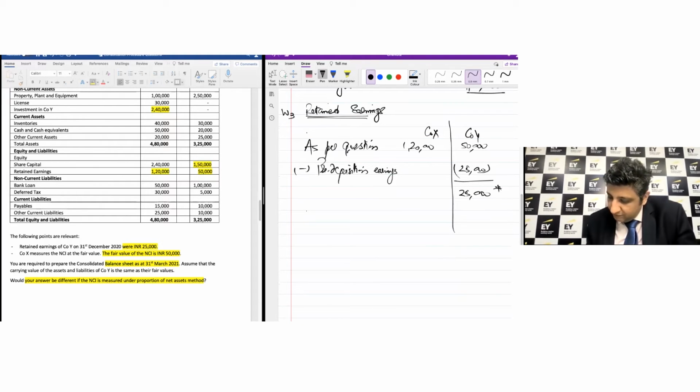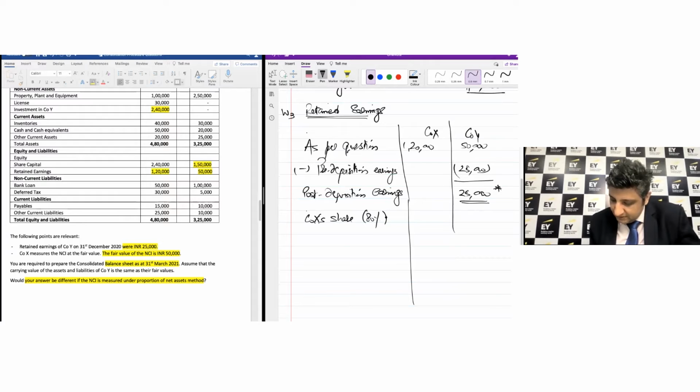This amount of 25,000 represents my post-acquisition earnings, right? And now we want to split this 25,000 between how much is the share of the parent company, that is 80%, and how much is the share of NCI, which is 20%.